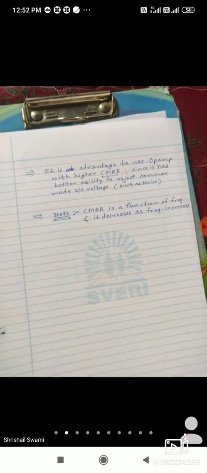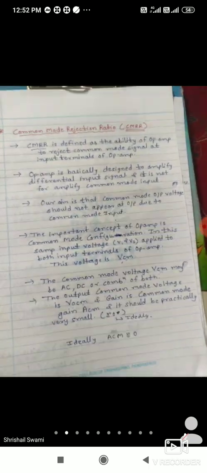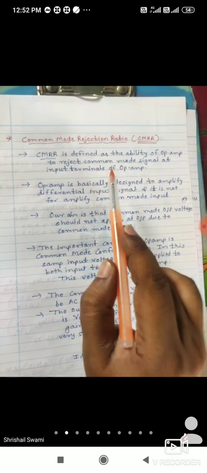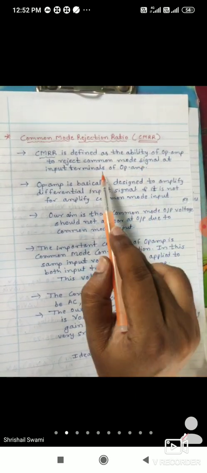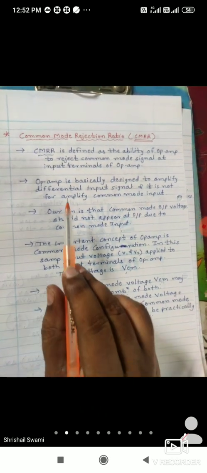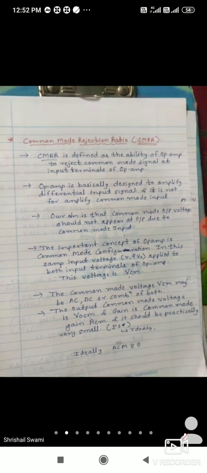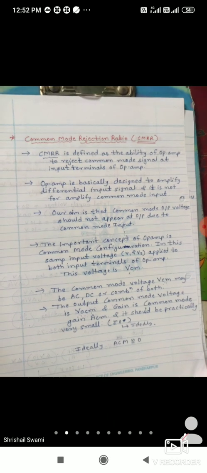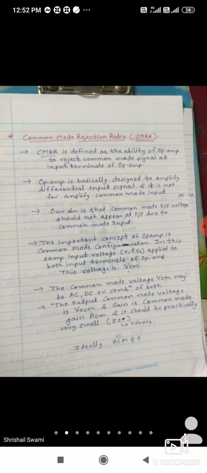So this is what we have discussed today, the common mode rejection ratio. Once again, briefly: the common mode rejection ratio is defined as the ability of an op amp to reject the common mode signal at the input terminals. An op amp is generally designed to amplify the differential input, V1 minus V2, but not the common mode input.